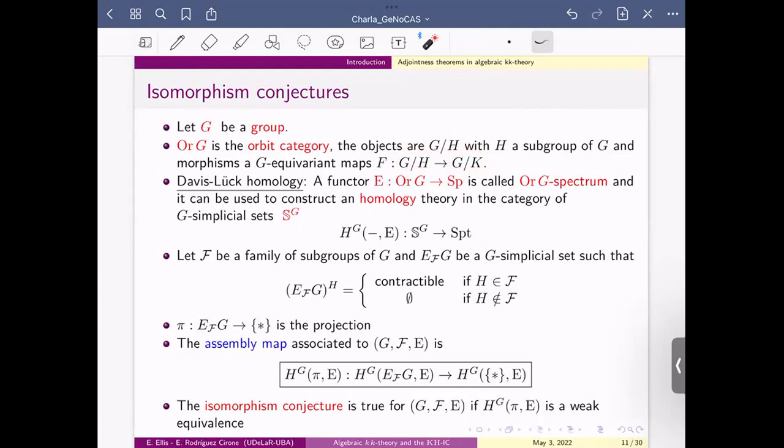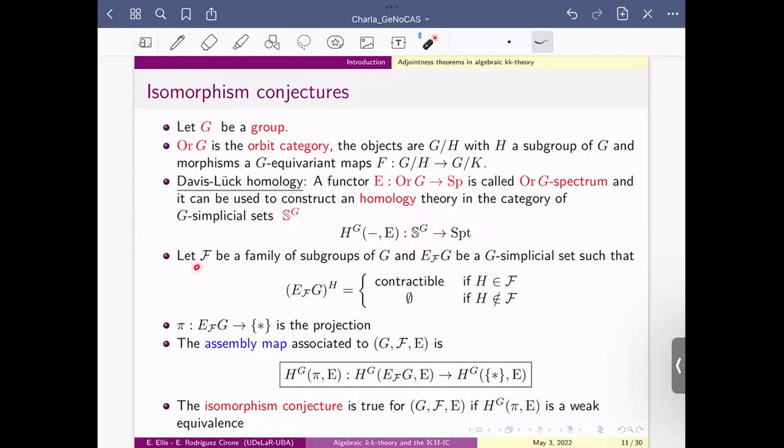Given a functor from the orbit category to the category of spectra, Davis and Lück define an equivariant homology on G-simplicial sets. This is a simplicial version of this homology theory. I'm not telling the whole properties that this homology satisfies, but it's what we need in an equivariant homology theory.